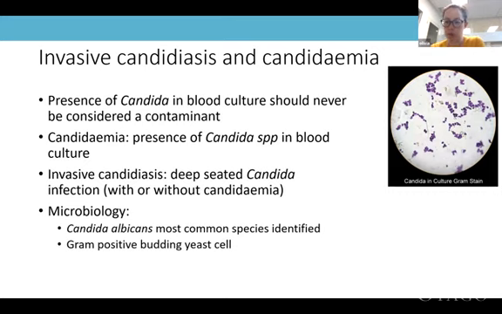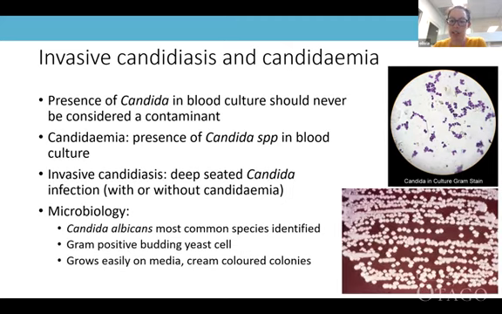Yes, they're grouped together, but they are unicellular organisms. And on a plate, it grows really easily on most media, and they look like cream-coloured colonies. It's quite classic for them to develop these little feet out the side, which is the budding happening.